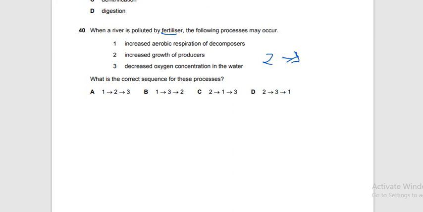If algae bloom, then there will be less light, and plants and some aquatic animals may die. Once they die, decomposers will feed on them, so that is when 1 comes in. So first will be 1. Once decomposers feed on them, it will reduce the amount of oxygen found within the water. So it will be 2, 1, 3. Where is that located? Okay, that's C.